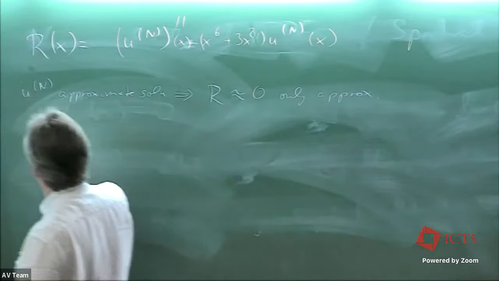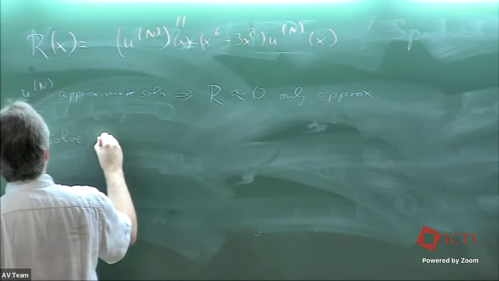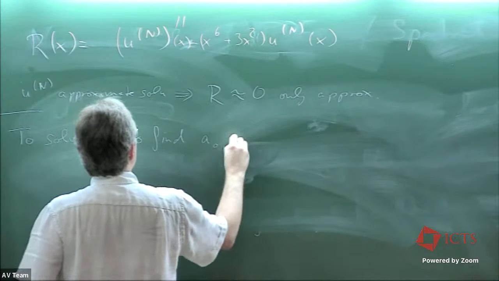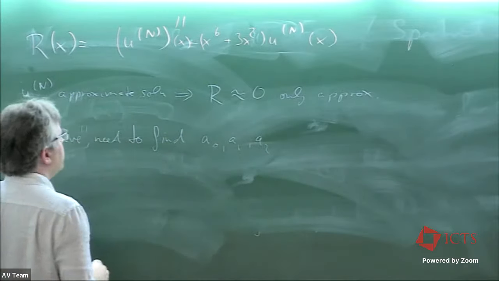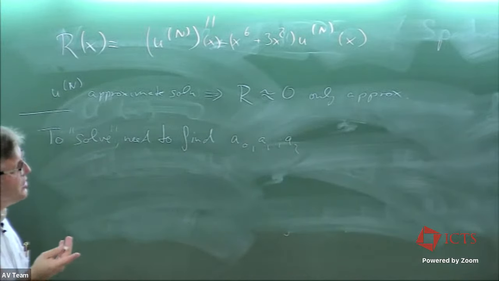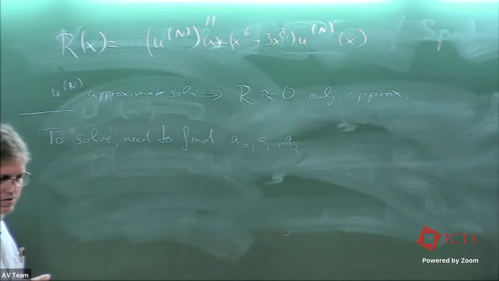So to solve, we need to find those three numbers. And to do so, we need to have three equations that we can solve for these three numbers.